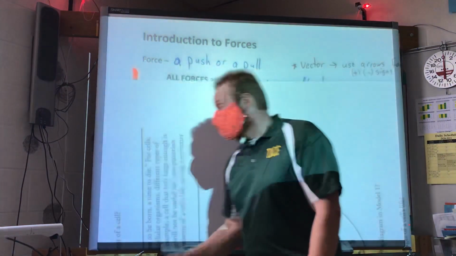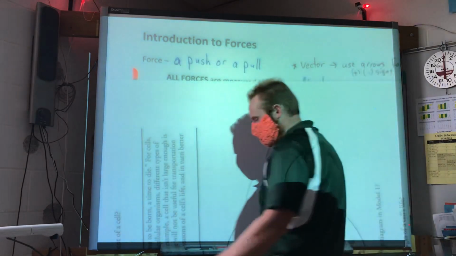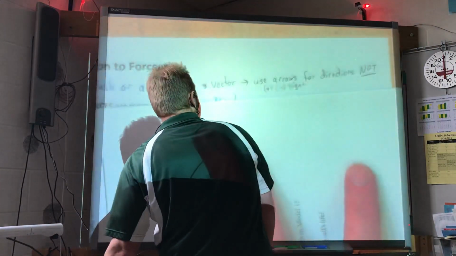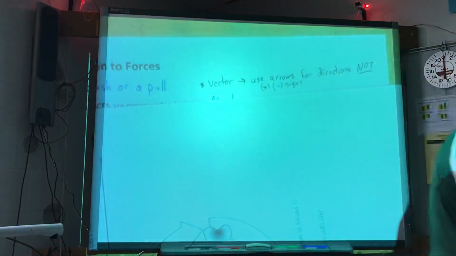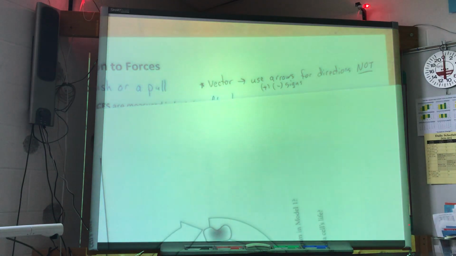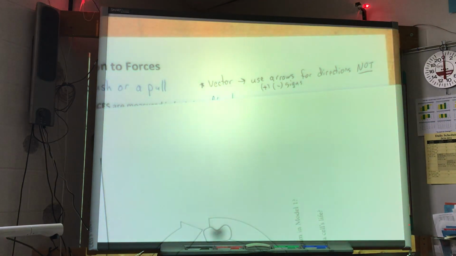It is a vector. So remember, a vector has both direction and magnitude. So we need directions, but this time instead of using positive and negative signs, we tend to use arrows. And we draw these things called free body diagrams.